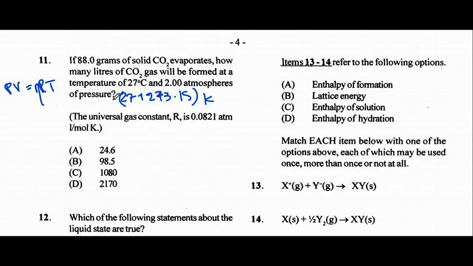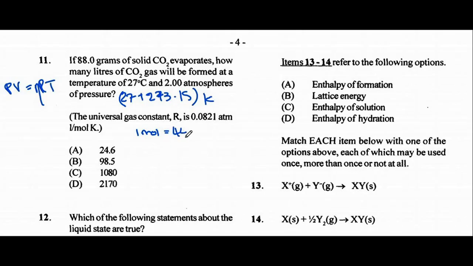Now we need to find the number of moles, and we're told that it's 88 grams of carbon dioxide. So 1 mole of carbon dioxide is equal to 12 plus 32, because 16 times 2 is 32, right? So that's 44 grams, right?